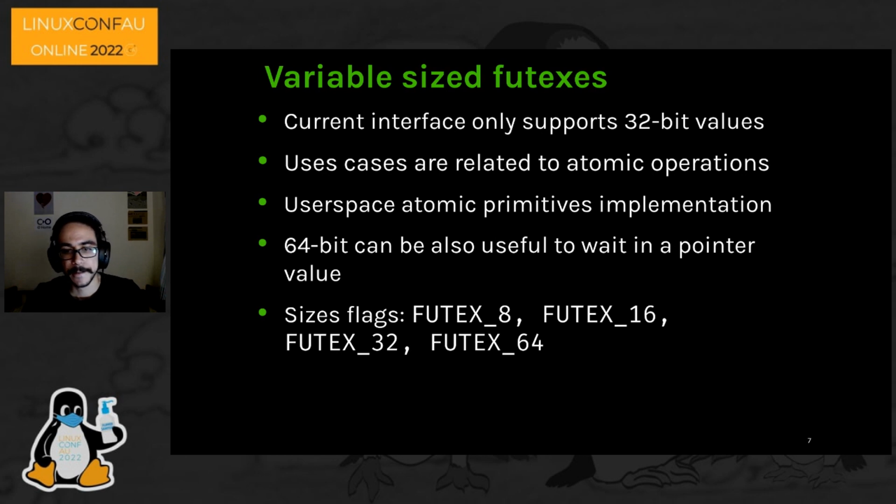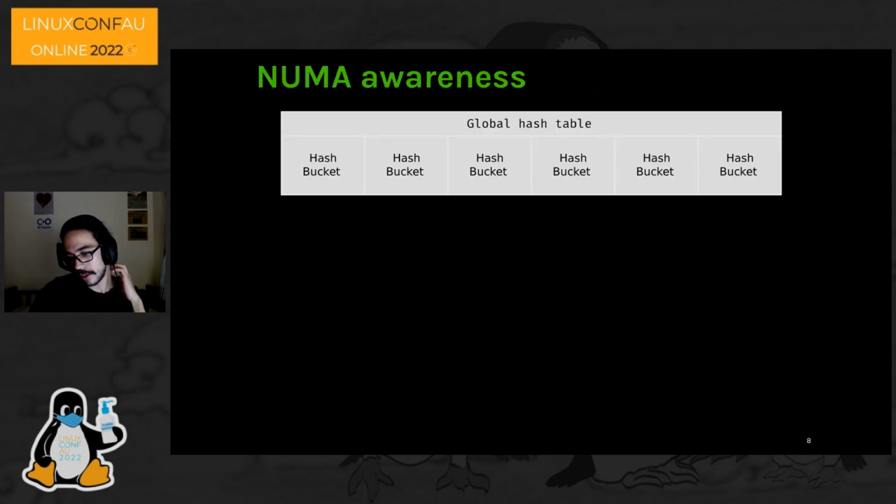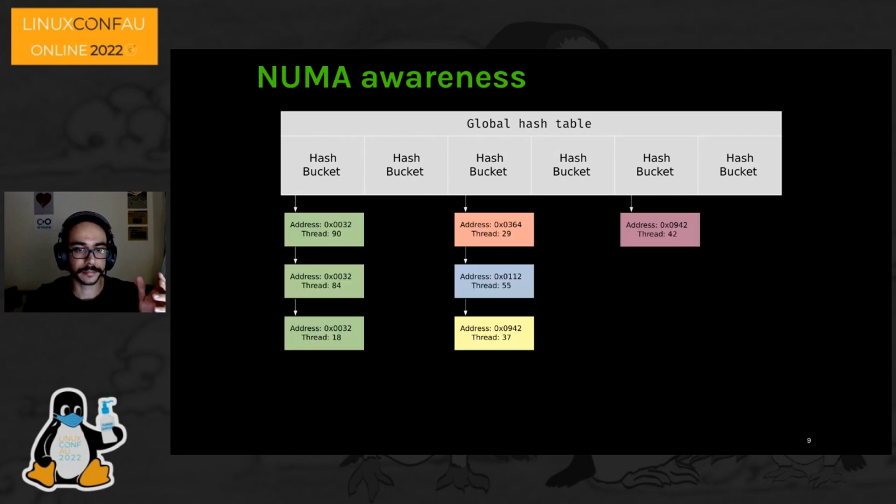And also, a big problem of futex right now for really big cloud enterprise machines is the lack of NUMA awareness. On futex, when you want to wait on some address, you need to get on a global hash table, and you'll be assigned to a bucket.